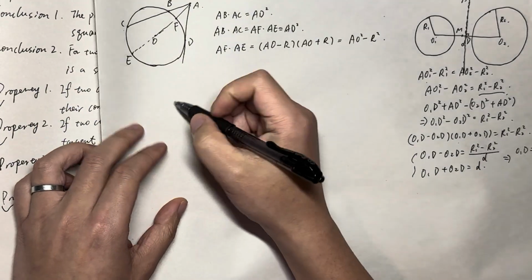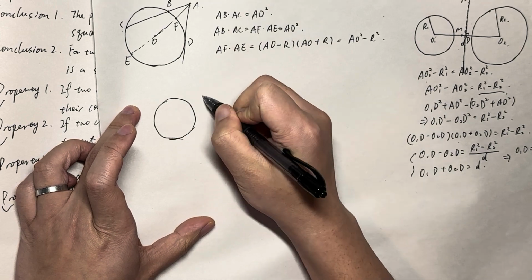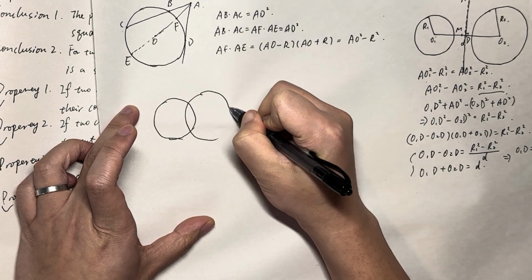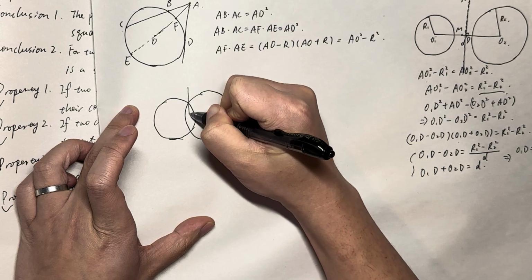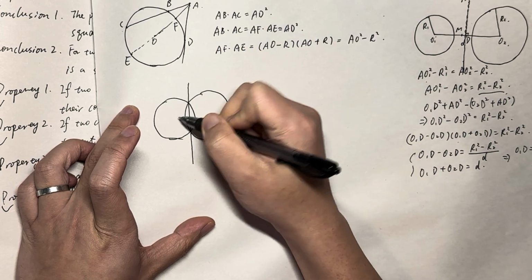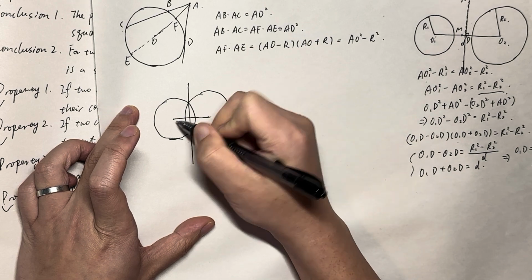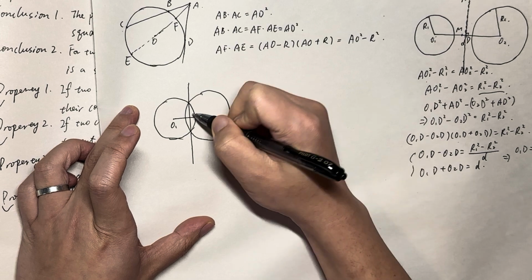It is saying that if we have two intersecting circles, then this line is the common chord, right? And we know that the common chord is perpendicular to the center connection O1, O2, right?